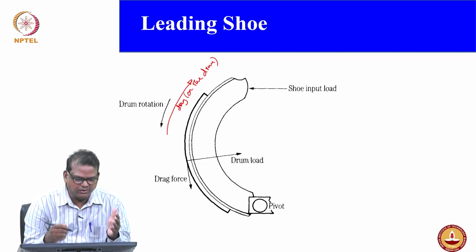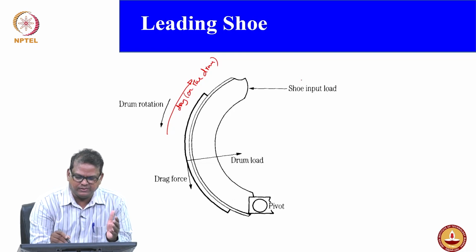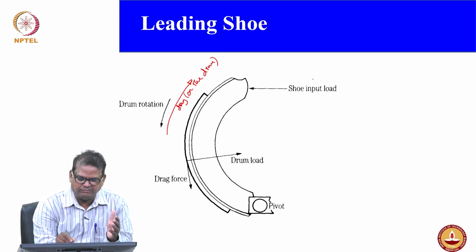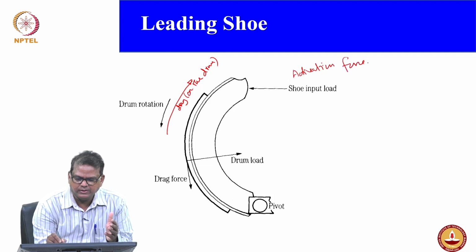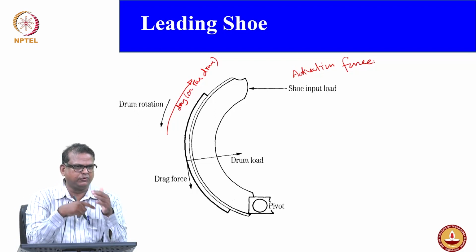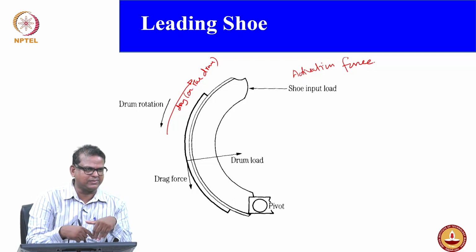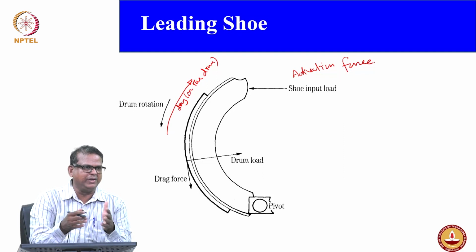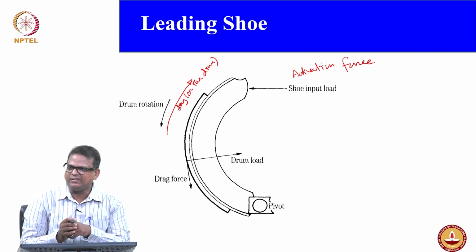Now this is where the wheel cylinder comes in and gives the activation force. Let me ask a simple question. If your drag force and activation force are in the same direction, is the braking effort easier or tougher?